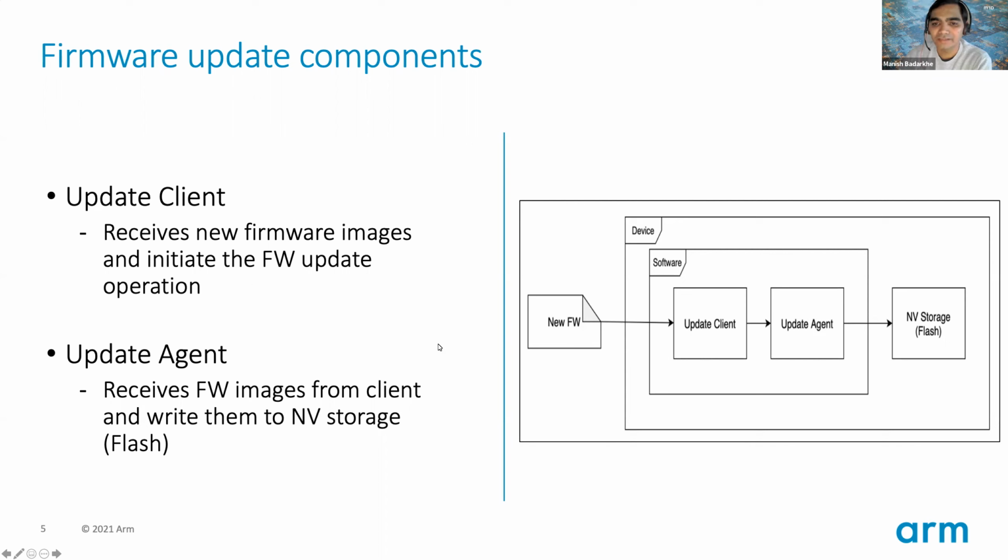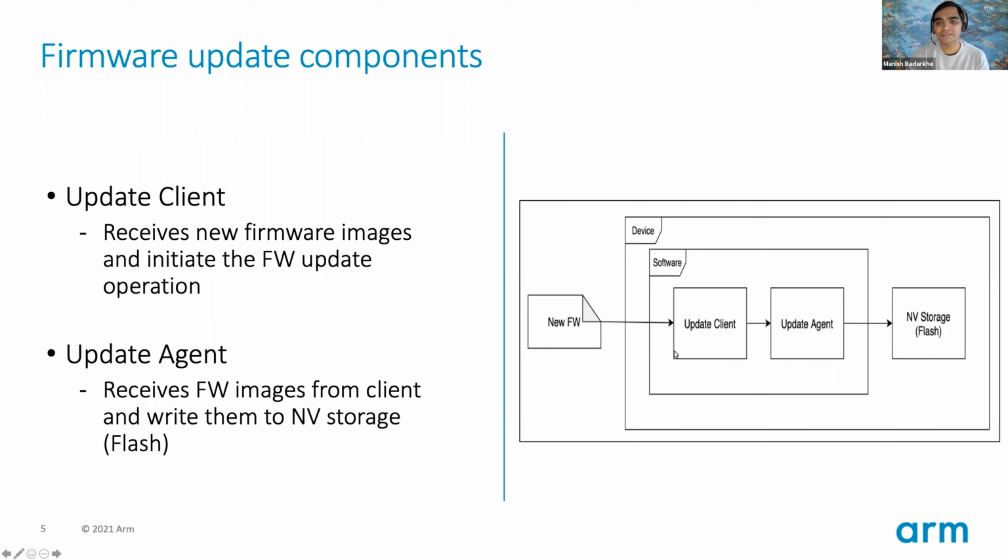Update client basically takes the new firmware from the external world and then passes that firmware to the update agent. And update agent will have the flash driver, which eventually will write that firmware into the non-volatile storage.